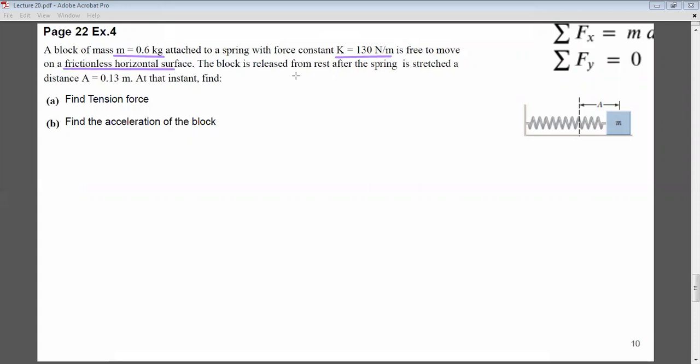The block is released from rest after the spring is stretched a distance A equals 0.13. The spring was here originally, but they elongated it and then released it. At point A, find the tension force.